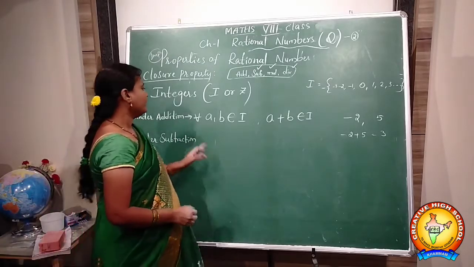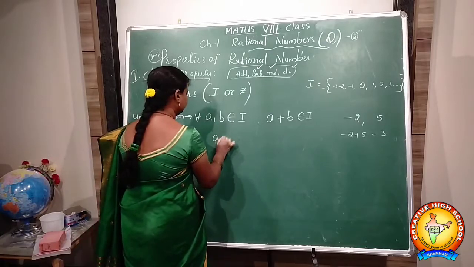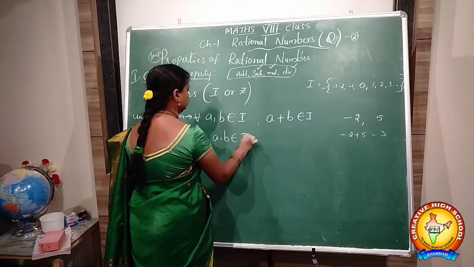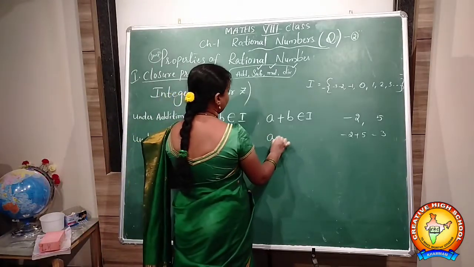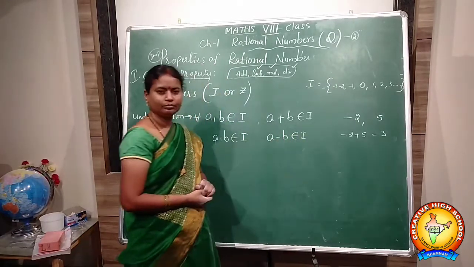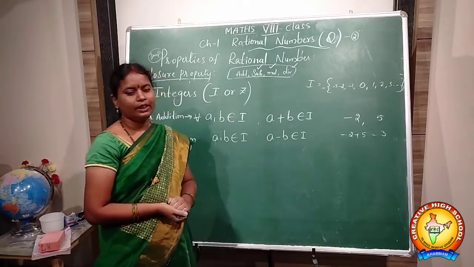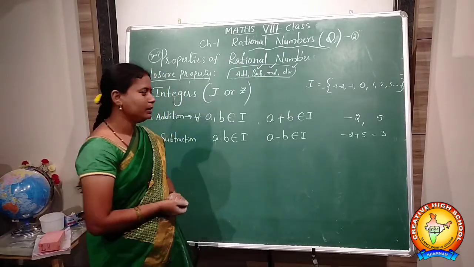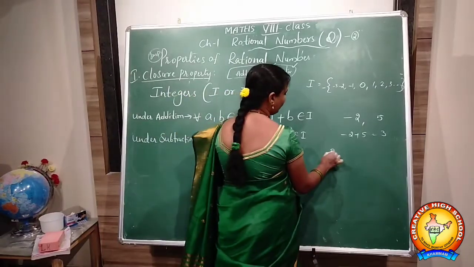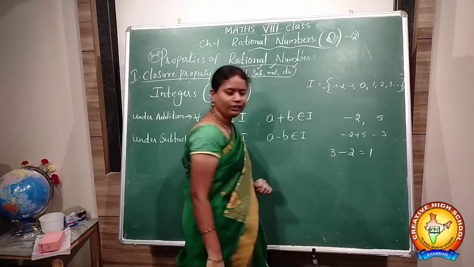If A and B belong to integers, does A minus B also belong to integers? Under subtraction we have to do the subtraction. Check different examples. 3 minus 2 is 1.